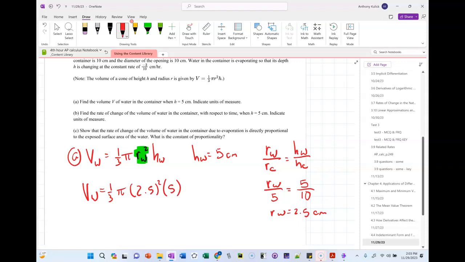I could multiply that out some more, or just leave it as 125 pi over 12, or you could type it in your calculator, or leave it the way it's written, with cm cubed after it. So far, so good? Okay.